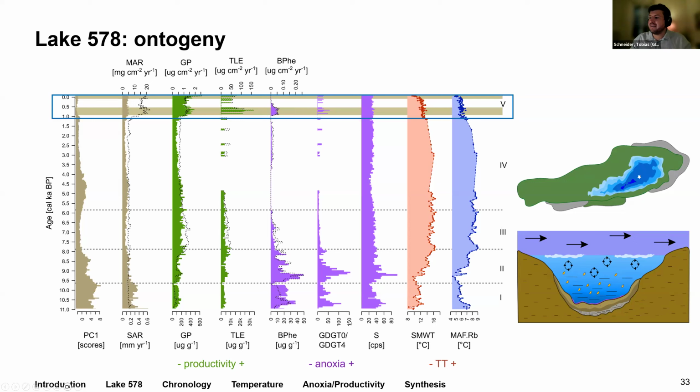And in the other proxy, we see somewhat of an indication that it could still be anoxic. However, that's not really clear. Another explanation could be that the system got into equilibrium with turnover again, and that the ice cover during this period was longer compared to today.